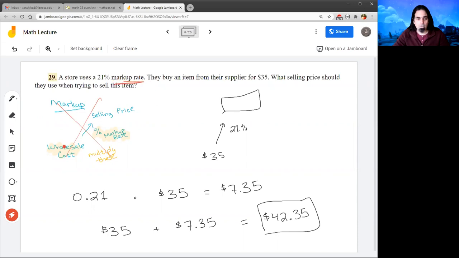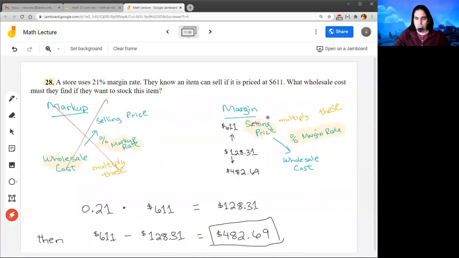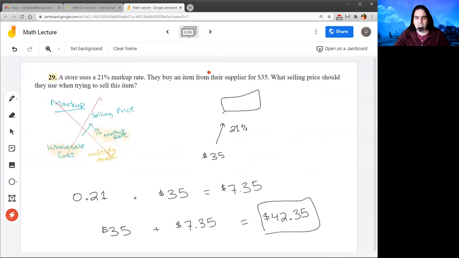Because with markup, their focus is on what the cost from the supplier is, and they have to go up from there. Awesome. Margin was the opposite. Their focus is on what price tag do we put on it in our store, and then can we find a wholesaler that supplies cheaply and we can stock this thing.